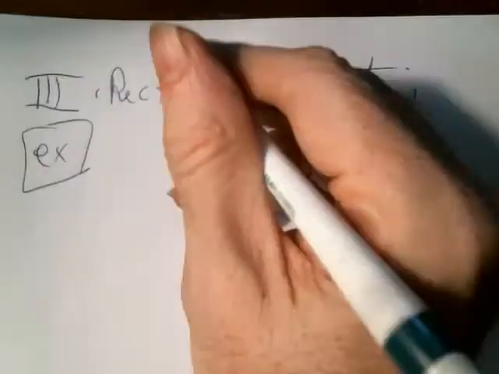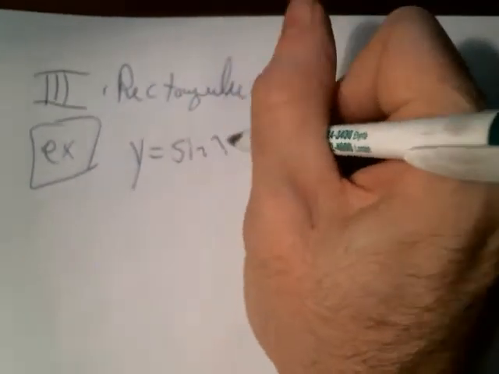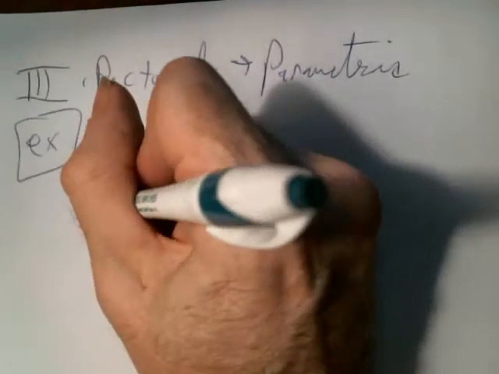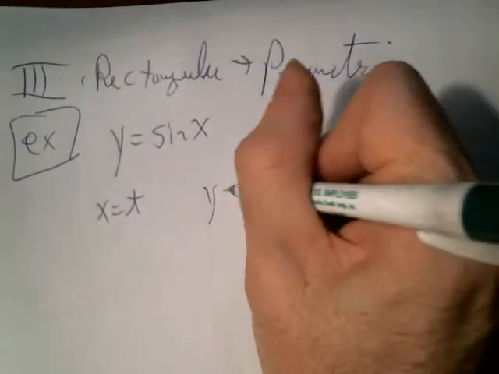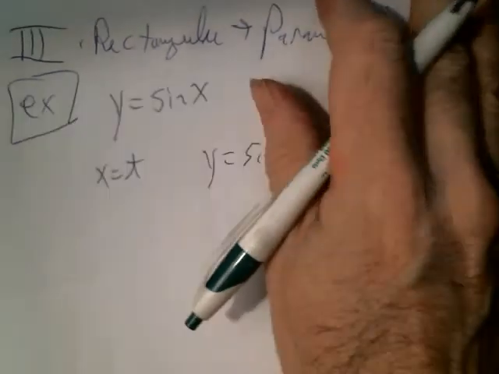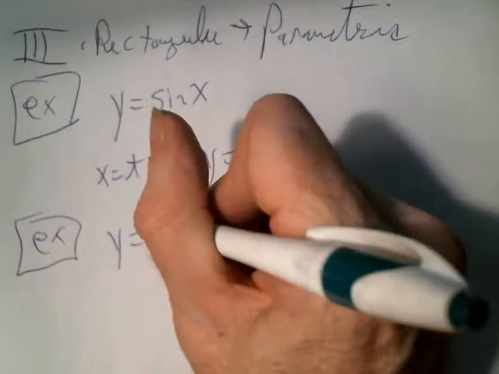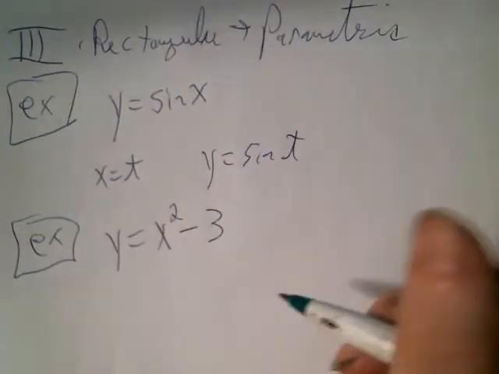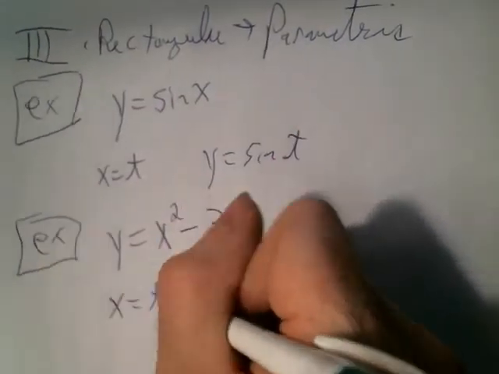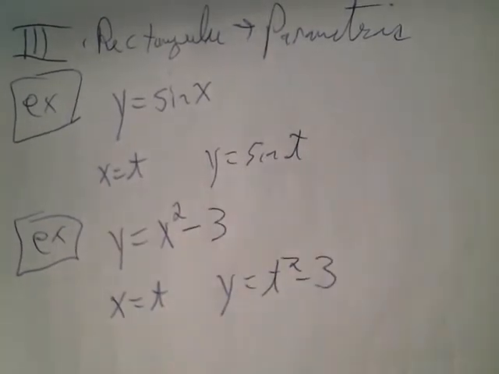For example, if I have y equals sine of x, you could just let x equal t and then y equals sine of t, and that gets the job done. So another example, if you have y equals x squared minus 3, you could just let, again, x equals t, and then y equals t squared minus 3. That'll do it.